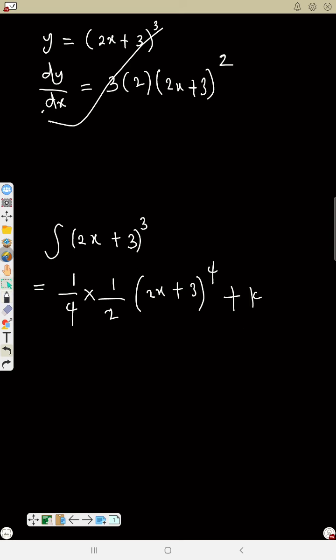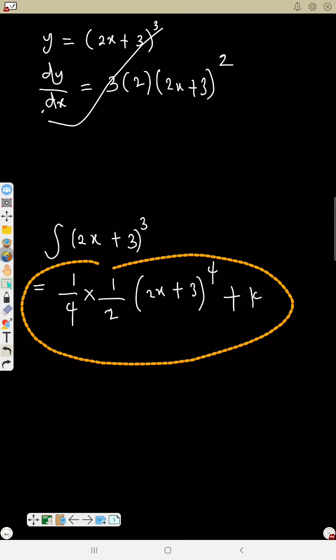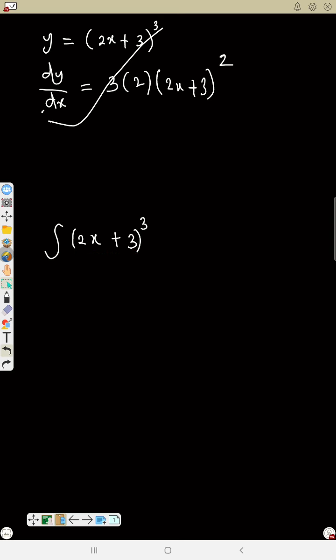So let us now go through this integration once more. For integration again, first step, add 1 to the power. 3 plus 1, 4. That 4, turn it upside down. That will be 1 over 4. Remember, we are using the short method throughout. Any method you want to forget, please watch the videos again. You can always recollect.